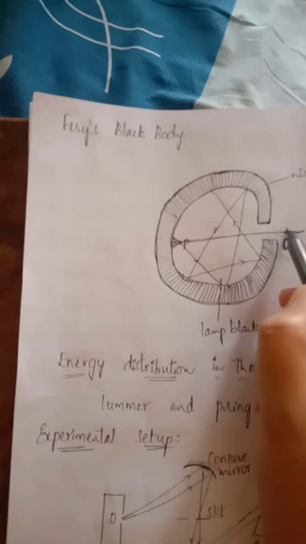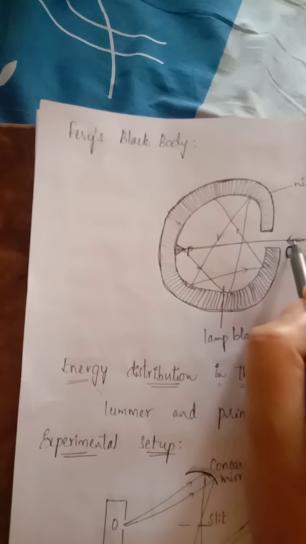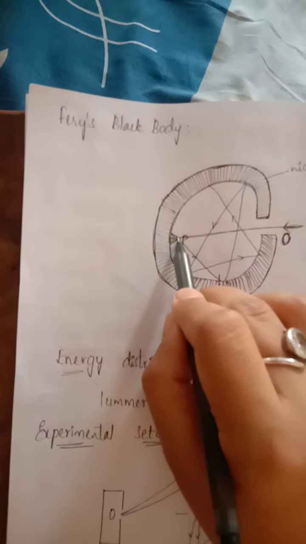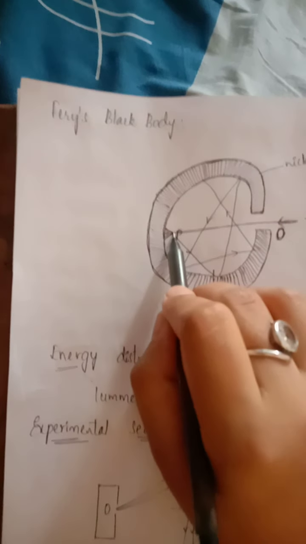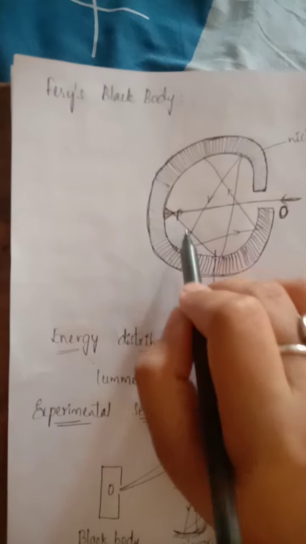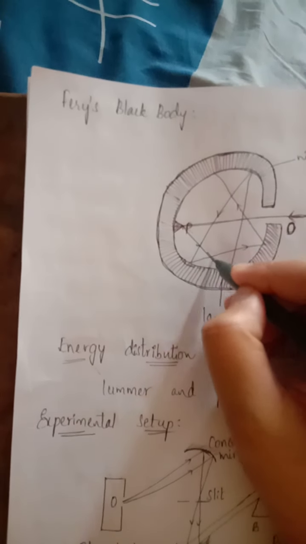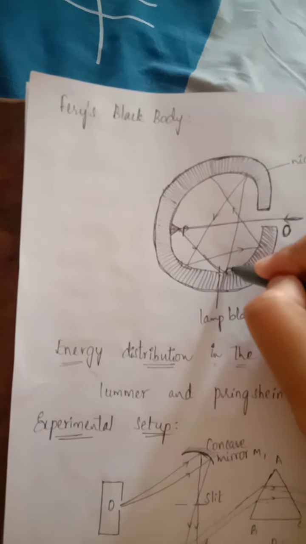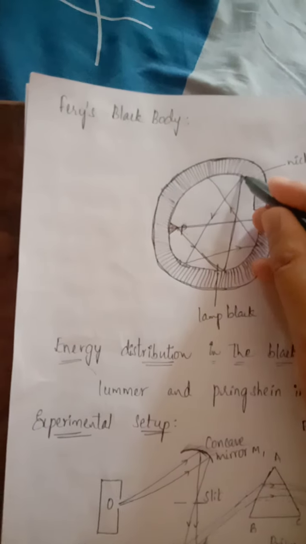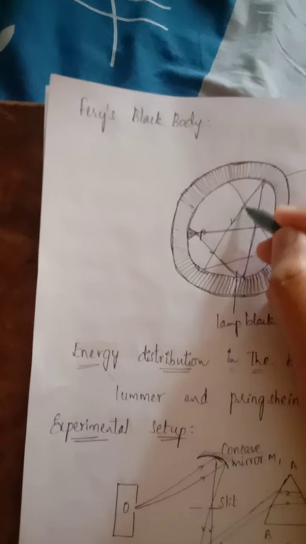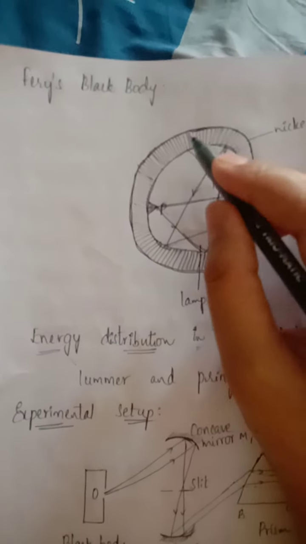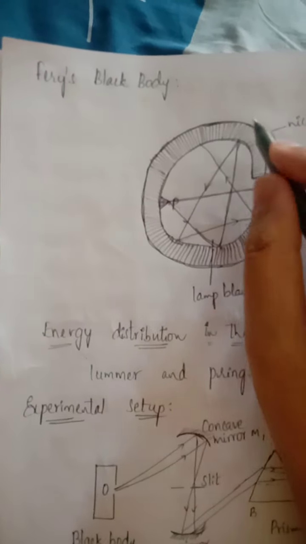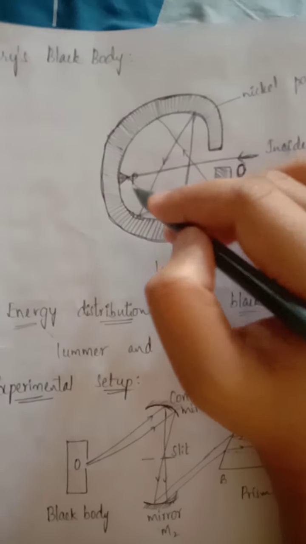Whenever we make radiation incident on it, it passes through and is incident at point P. When it enters, it goes through internal reflections. This ray will reflect here, go there, and after reflecting will go here and here. All the radiation undergoes multiple reflections and gets absorbed by the whole body.